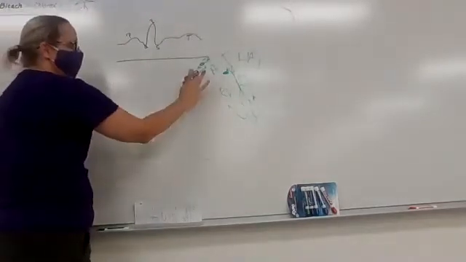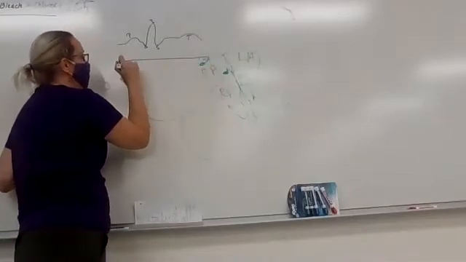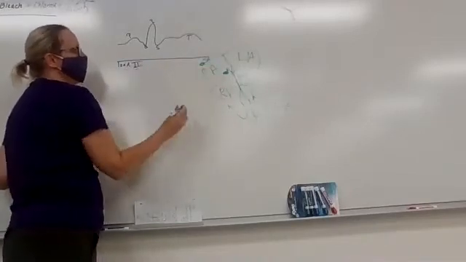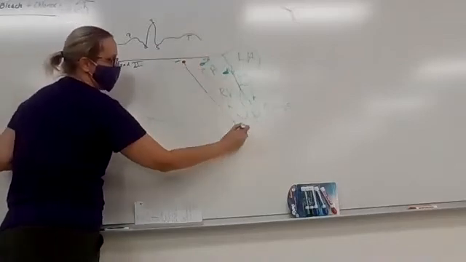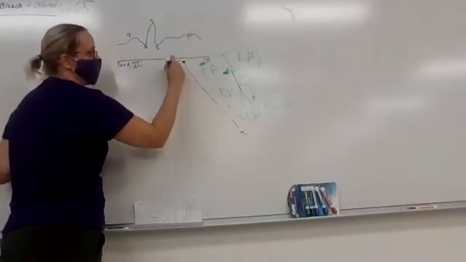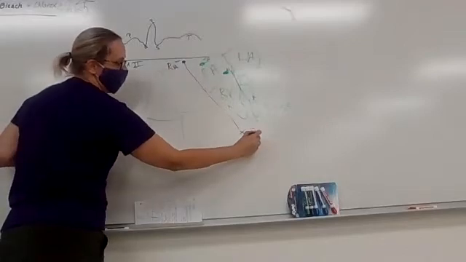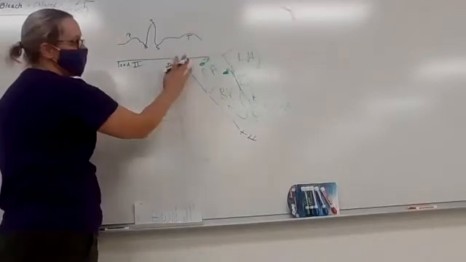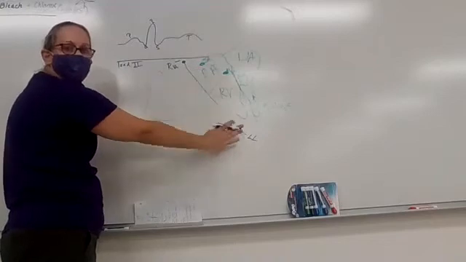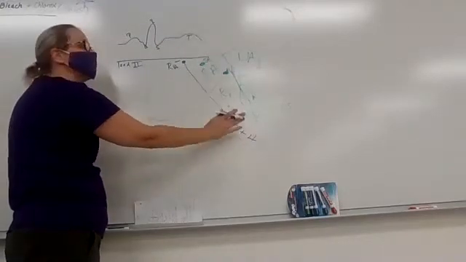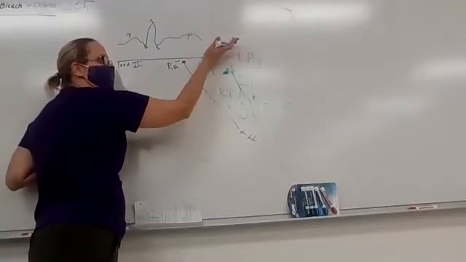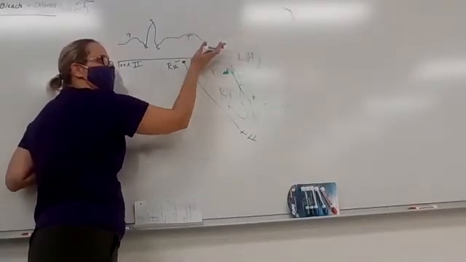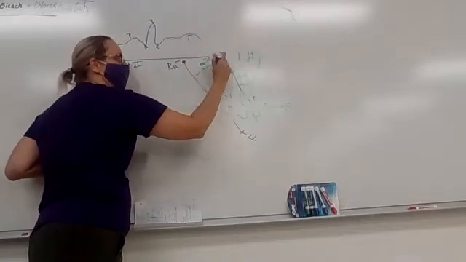Now, when we're measuring a lead 2, we are measuring, again, negative changes to positive changes from the right arm to the left leg. And the measurement in that plane and in that direction should let us capture all of the depolarization of all of these cells at the SA node and kind of here.